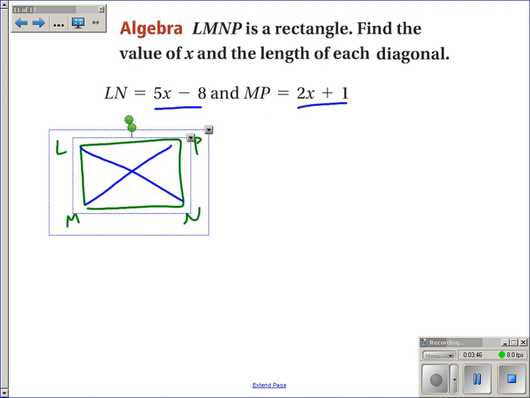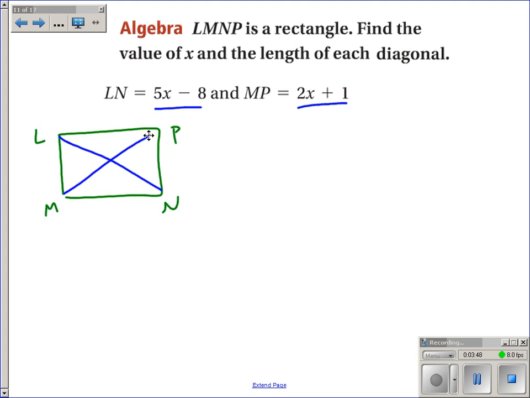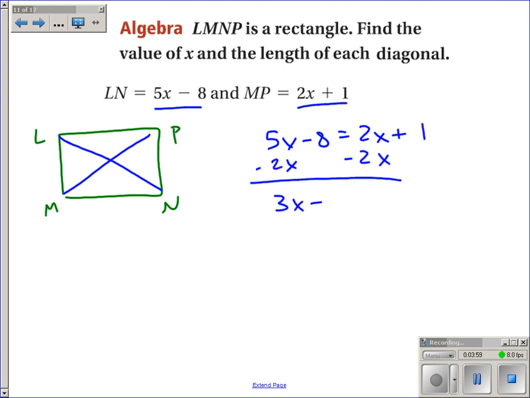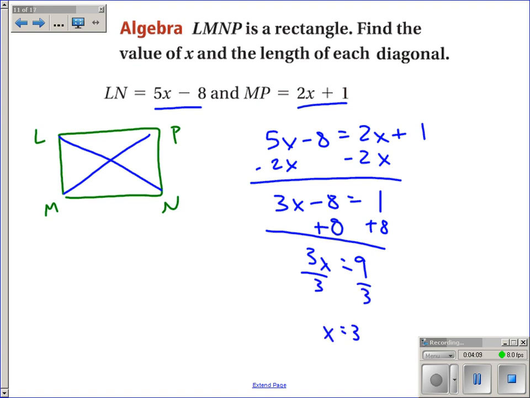Now, since it's a rectangle, the diagonals are congruent, and 5x minus 8 is equal to 2x plus 1. I will subtract 2x from both sides. 3x minus 8 is equal to 1. I add 8. 3x is equal to 9. Divide by 3. And x is equal to 3.